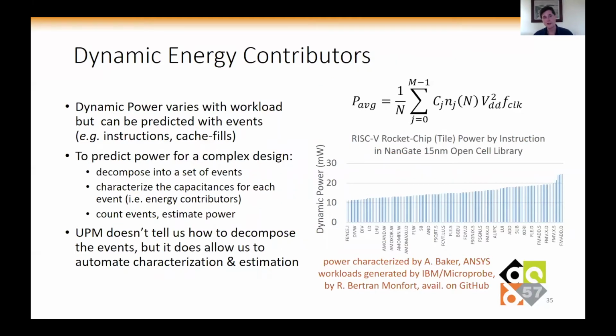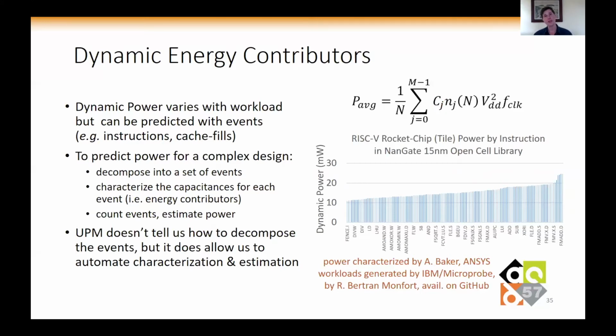So if I want to predict power very accurately for a complex design, I first need to decompose it into a number of events and then characterize the amount of switched capacitance represented by C sub j in this expression for each one of those events.